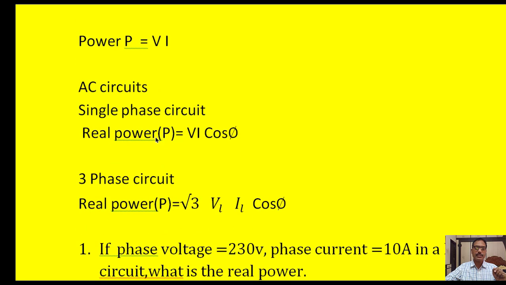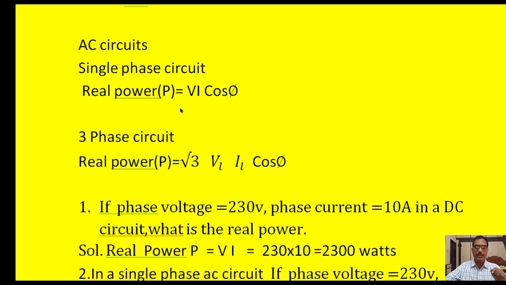And coming to the AC circuits, one type is called the single phase AC circuit. In this, real power P can be written as V into I into cos phi. Here V represents applied voltage to the load, I represents the current flowing through the load, and cos phi represents the power factor of the load.